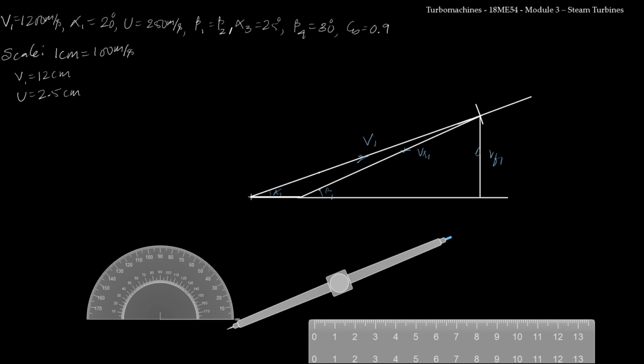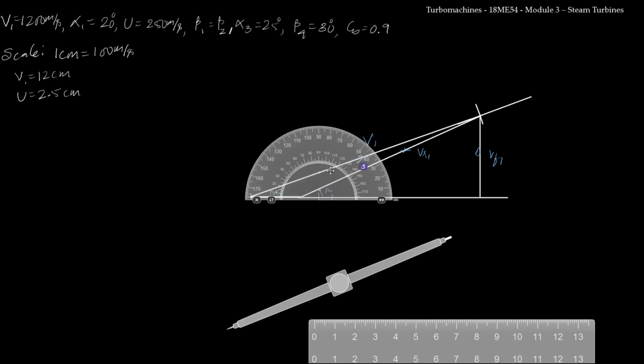Now I need to draw the outlet velocity triangle. For the first stage, I know beta 1 is equal to beta 2. First, I need to measure the value of beta 1. Once I measure the value of beta 1, then I need to measure the length of VR1, because CB is given. With the help of CB, I need to find out the length of VR2.